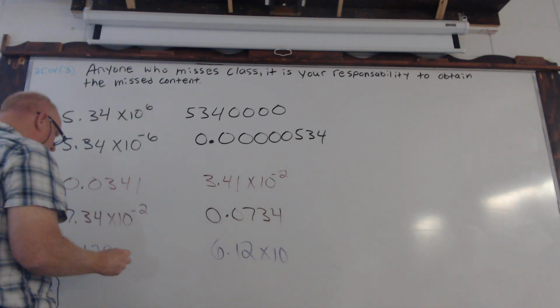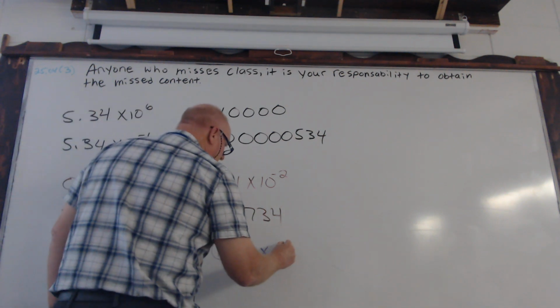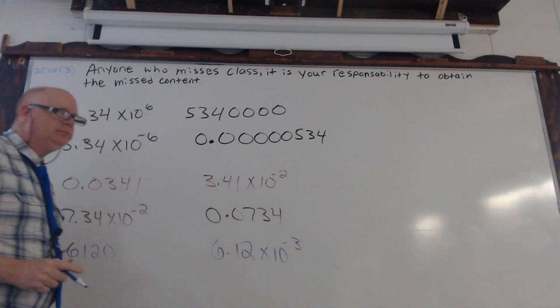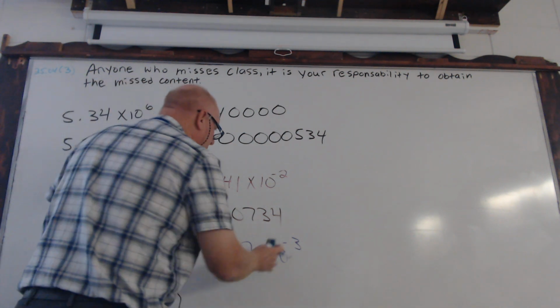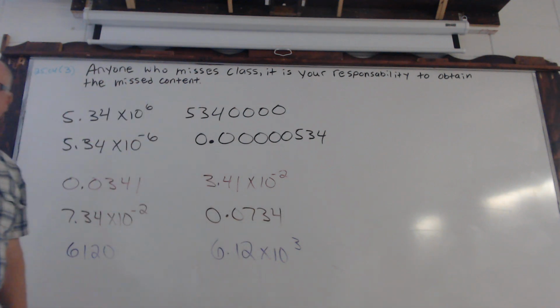So since we're moving to the left, it must be to the negative third. No, that is not correct because this number is already greater than 1 or 10 or whichever way you want to look at it. So it's not to the negative third, it's to the positive third.